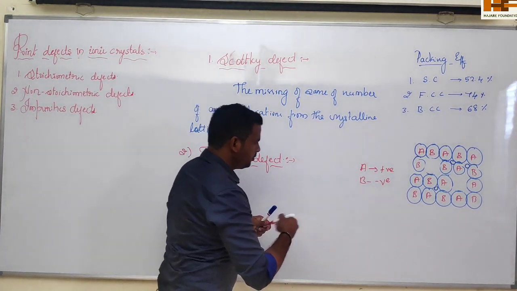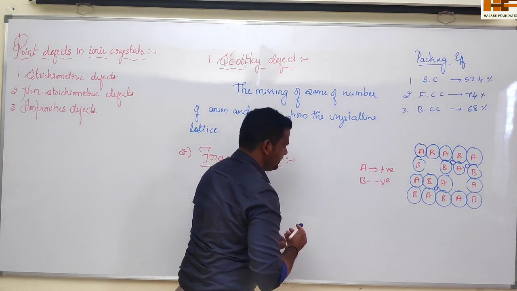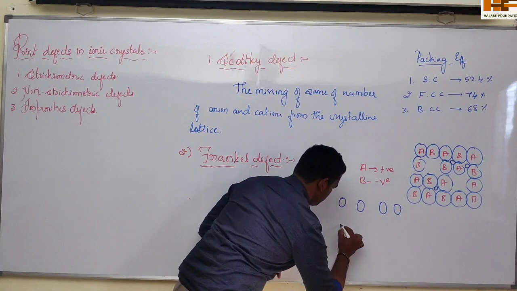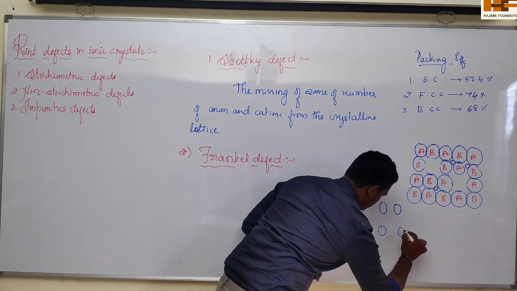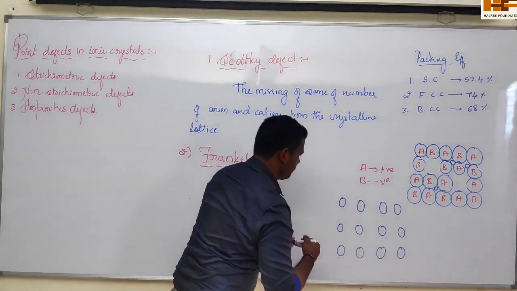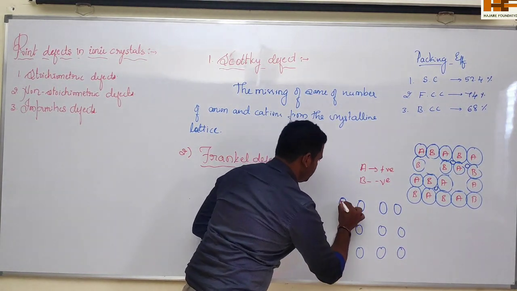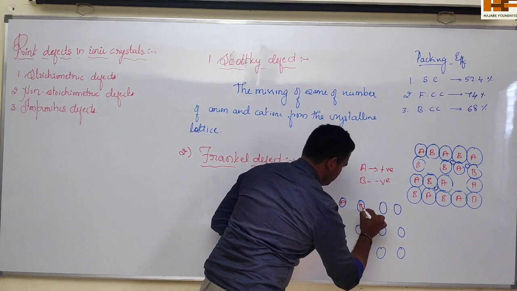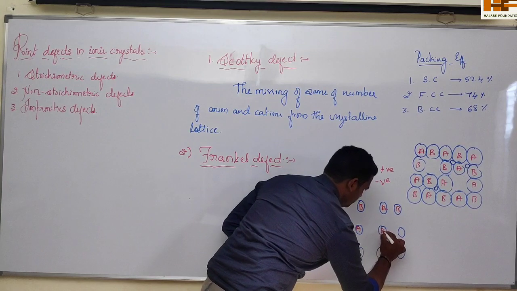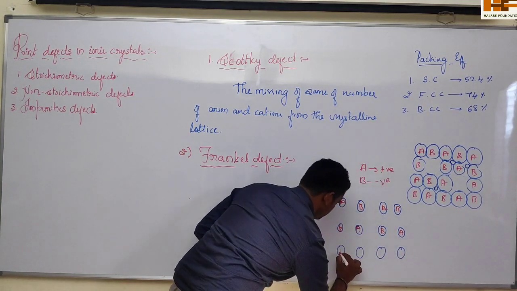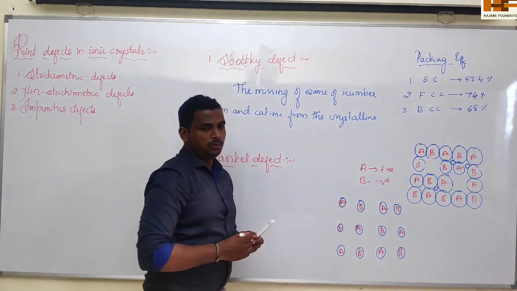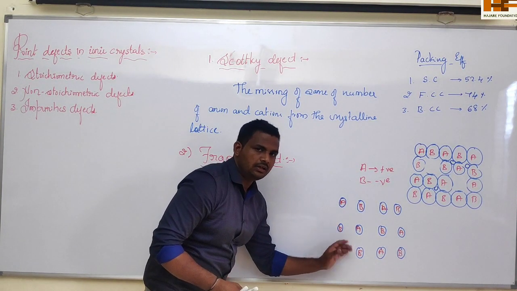Suppose we consider the crystal here: A, B, A, B, then B, A, B, A, then A, B, A, B. Suppose this is the crystalline solid.